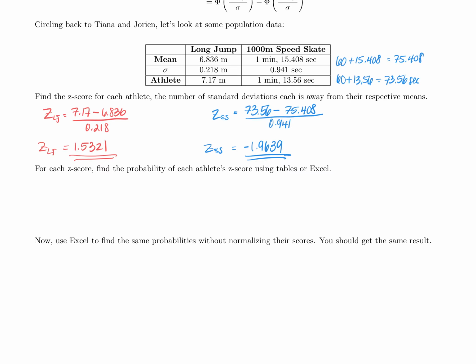So if we were to do this in Excel, we would just use NORM.DIST. So if we wanted to find the probability for our long jumper's z-score, what is the probability of z being greater than 1.5321?